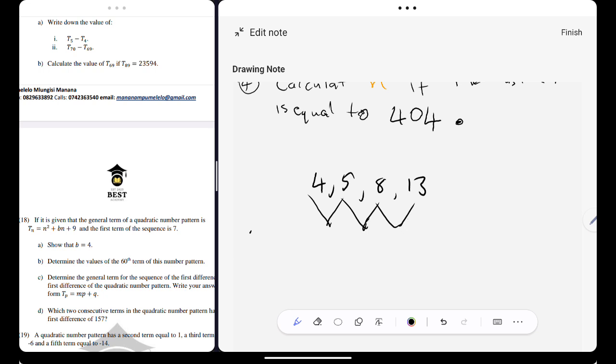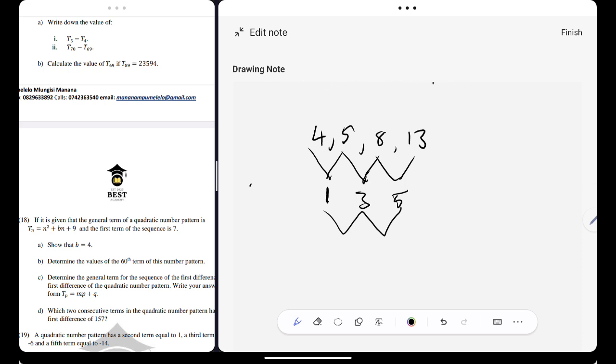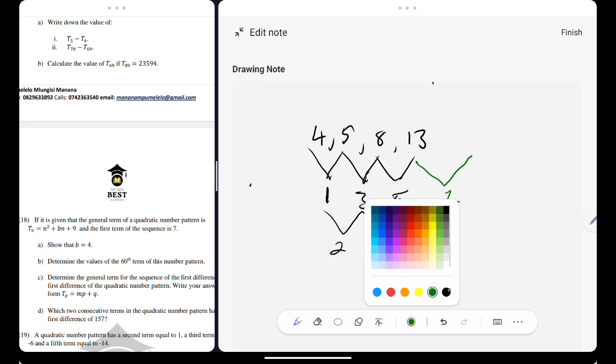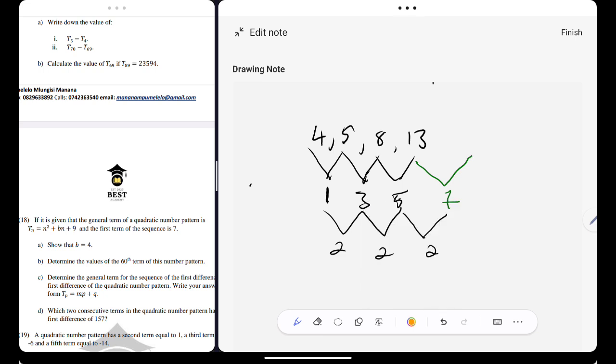For us to find the next term, we need to know the value of the first difference as well as the second difference. So our second difference is 2, and this is common. So 5 plus 2, we get 7. 13 plus 7, we get 20.